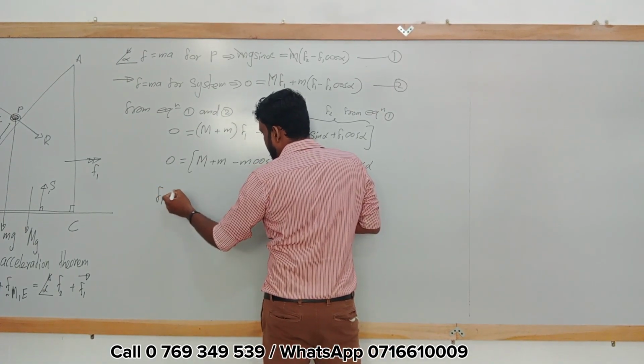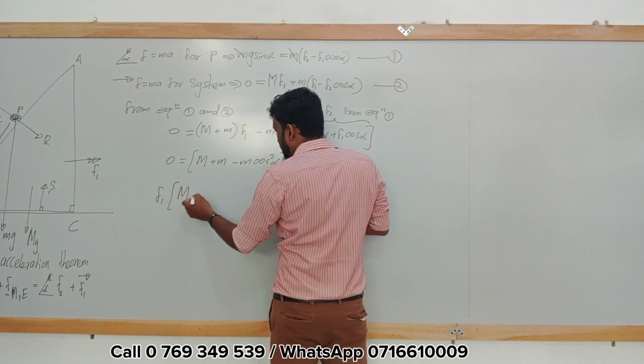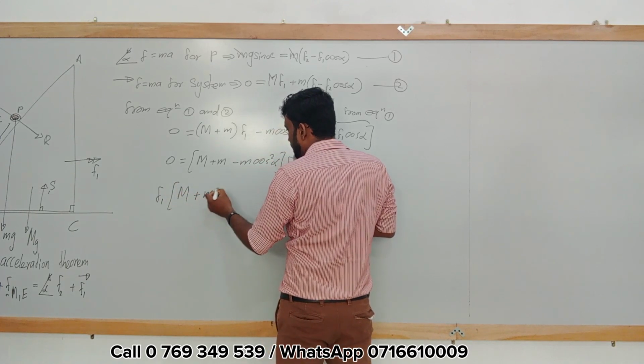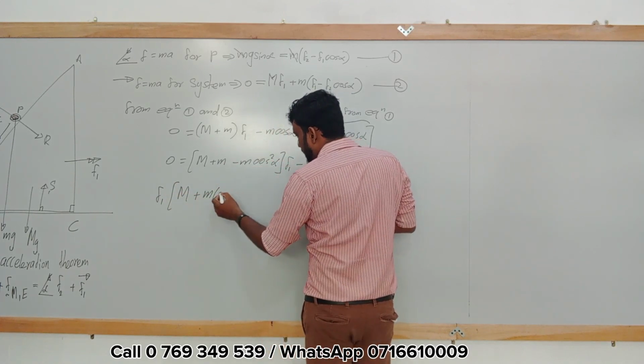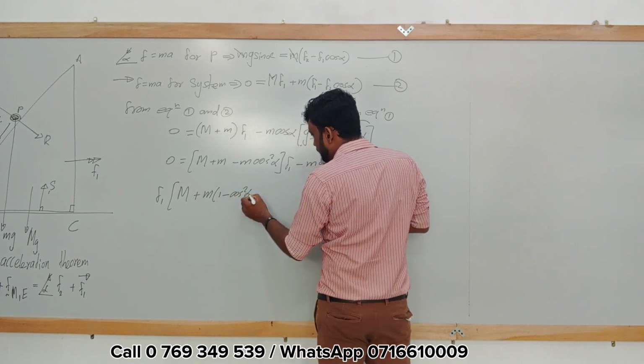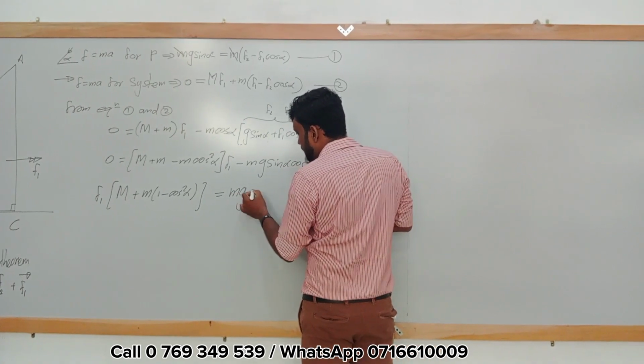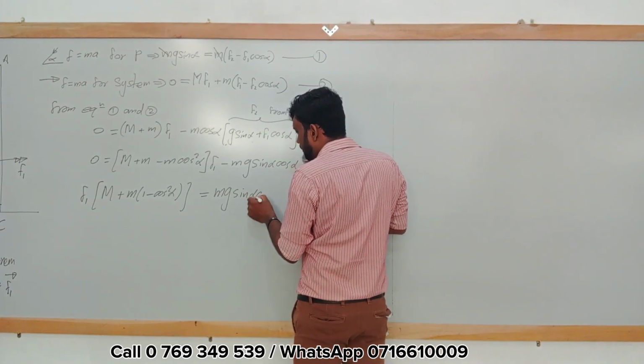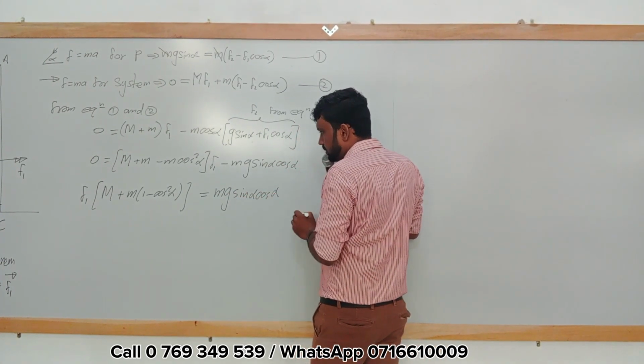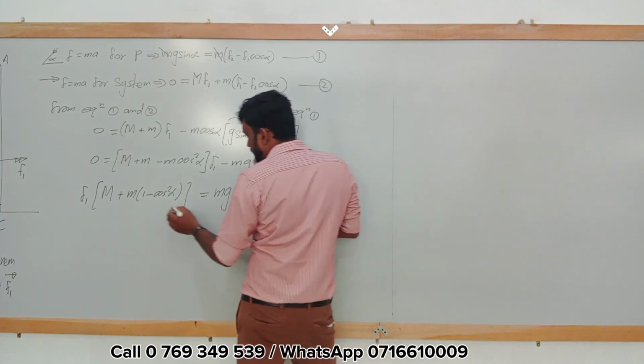f1 into capital M plus simple m, 1 minus cos square alpha, equal mg sin alpha cos alpha. Here, sin square alpha.